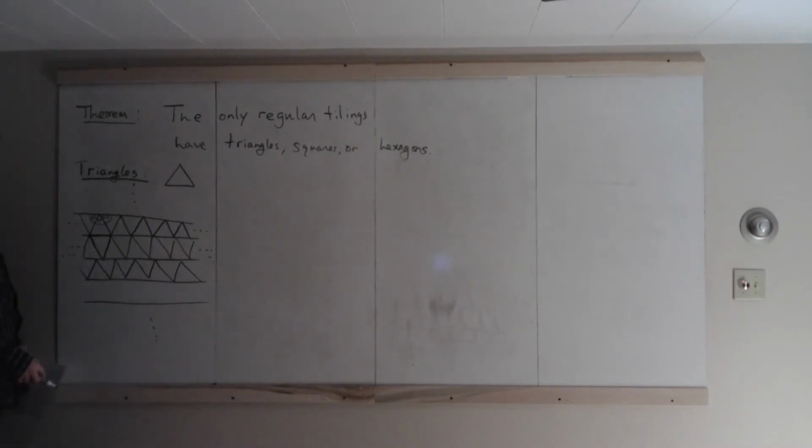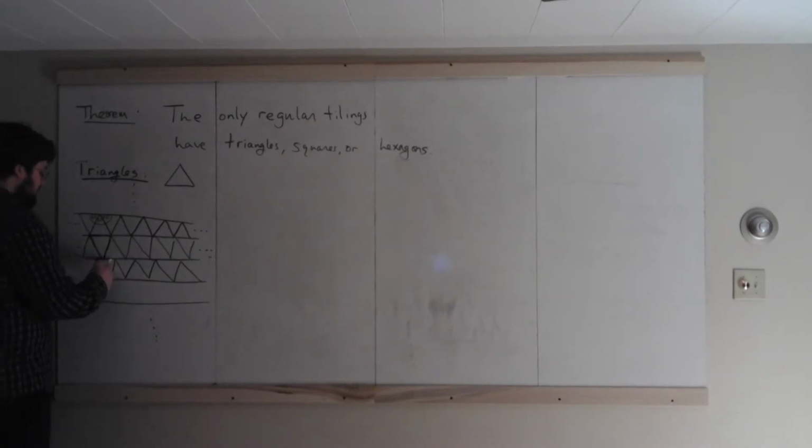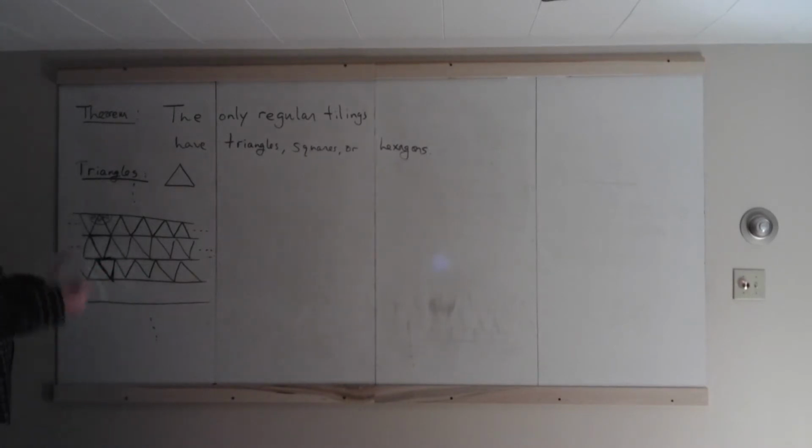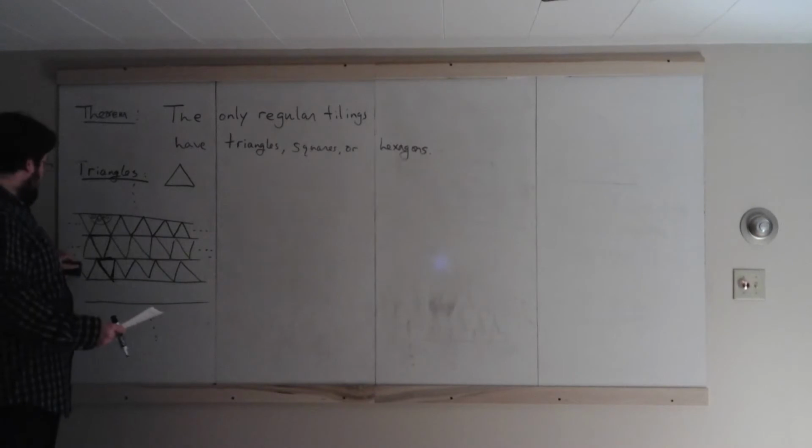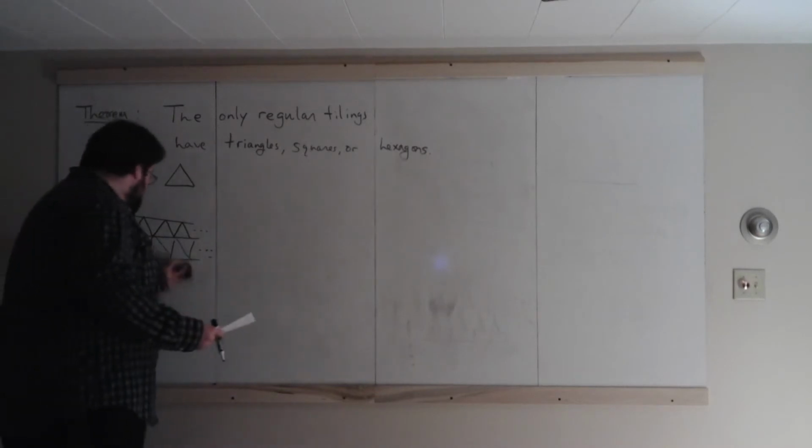Now, why does this not work for a regular tiling? Well, this edge, the top edge of this triangle, does not coincide exactly with an edge before it. So we can't shift the triangles over like that.